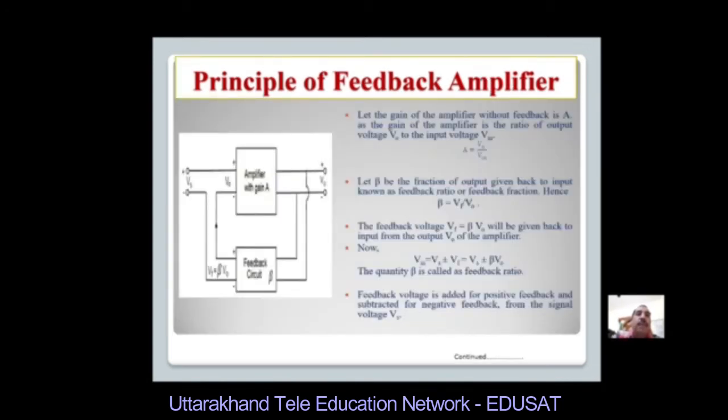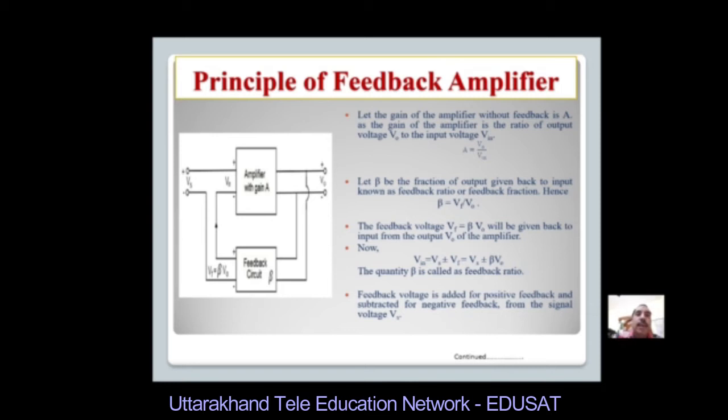If the gain of the amplifier without feedback is A, we know that the gain of the amplifier is the ratio of output voltage to the input voltage. Therefore, A is equal to V0 upon V in. As I told you earlier, beta is the fraction of the output given back to the input. This is known as the feedback ratio or the feedback fraction.